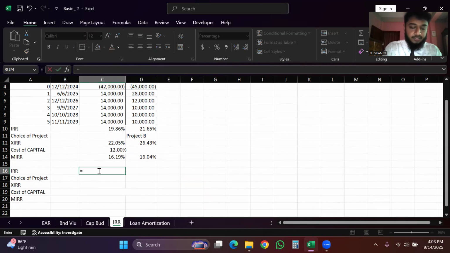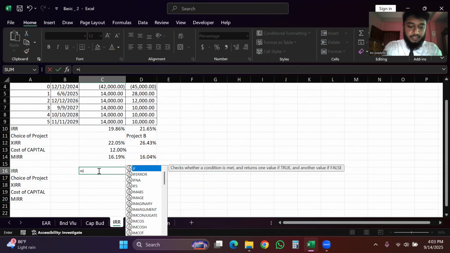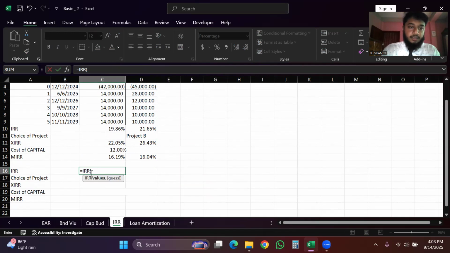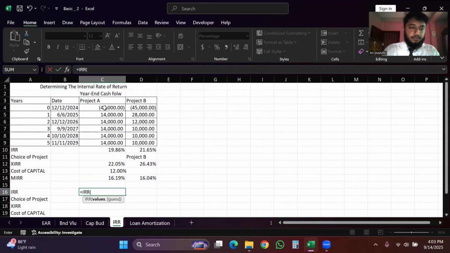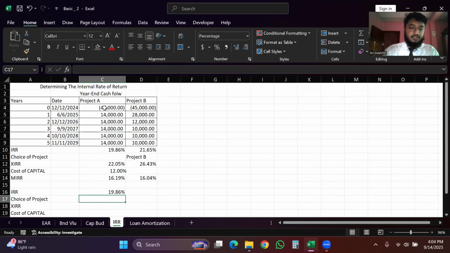At first, we have to fill the formula by IRR tab. Here is the value for project 1. Then we can select this by Control Shift Down Arrow, closing the bracket and press enter. Here is the value.